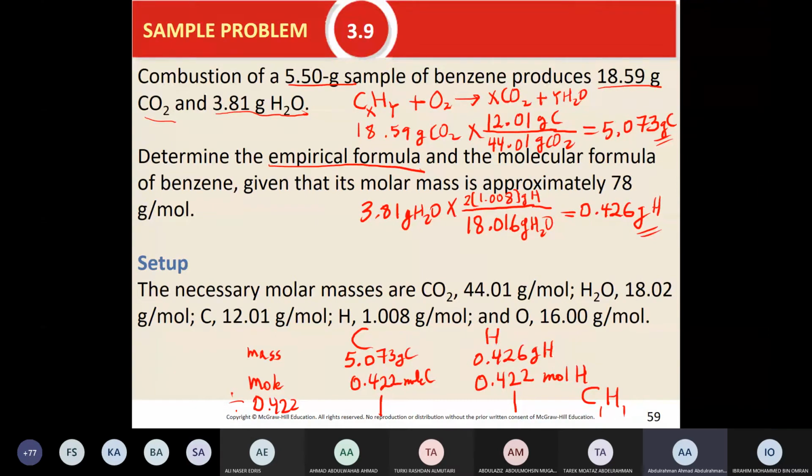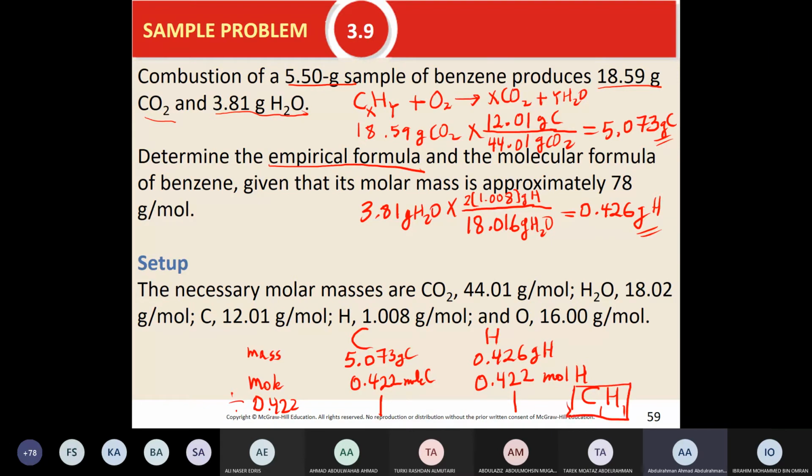Can you do it for any organic compound? Sometimes there will also be oxygen or nitrogen. Don't forget to put the mass of oxygen or nitrogen in the third place as well, if there is need. Good. Now we know this is the empirical formula.